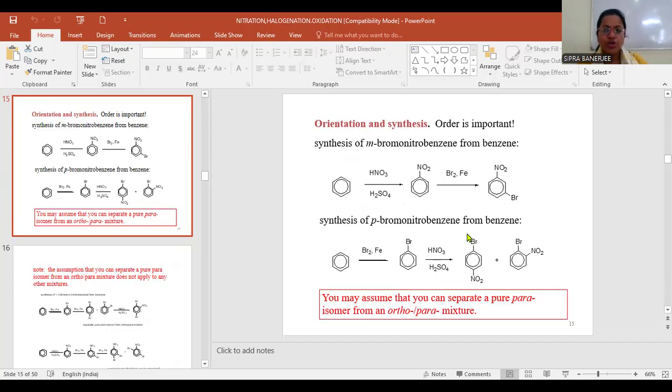Since this is a para-bromonitrobenzene, first react the bromine, then you produce the nitration with H2SO4. So there are chances of formation of two products, ortho or para nitro bromobenzene. So you may assume that you separate a pure para isomer from the mixture.